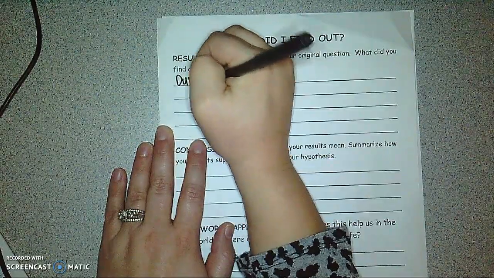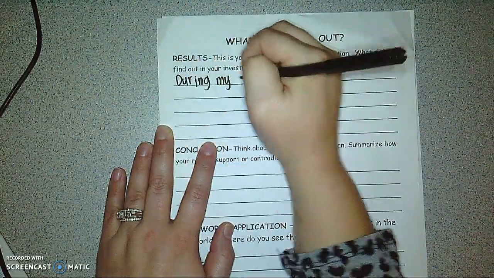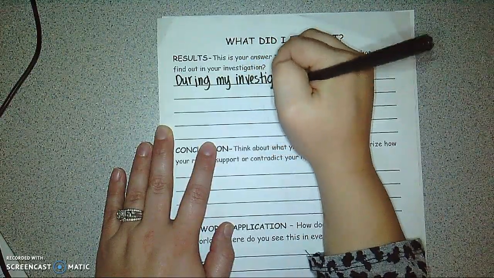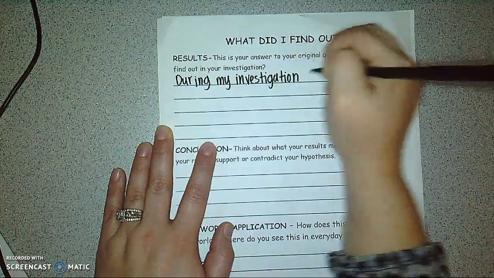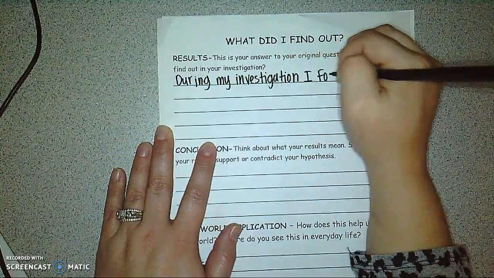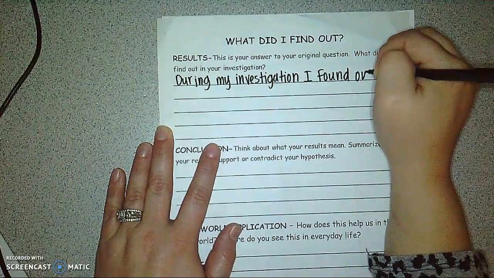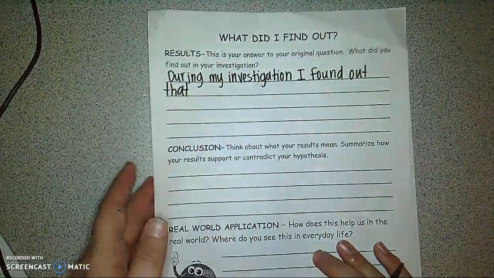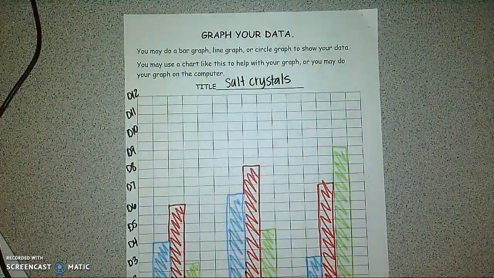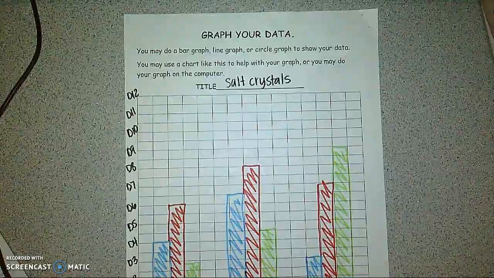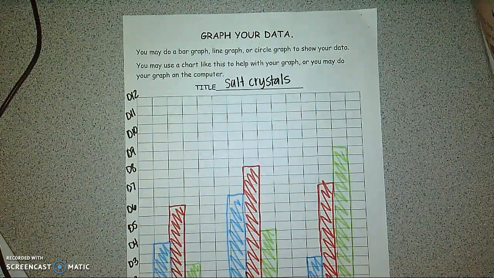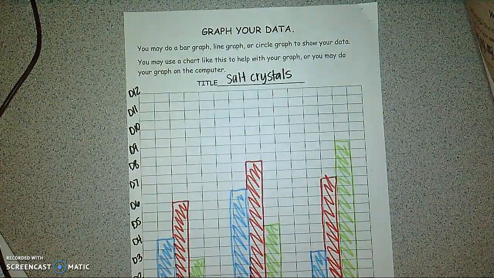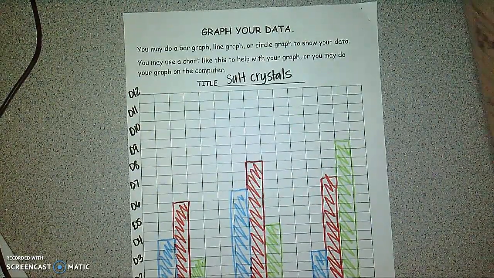During my investigation, I found out that, so I'm going to go back and look at my data right here. Which one formed the crystal fastest? Well, for trial 1, it was Epsom salt. For trial 2, Epsom salt. For trial 3, it was pink salt.